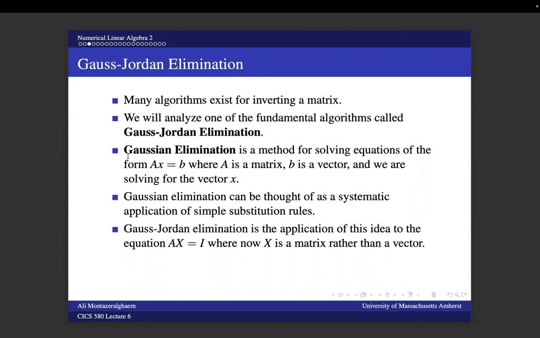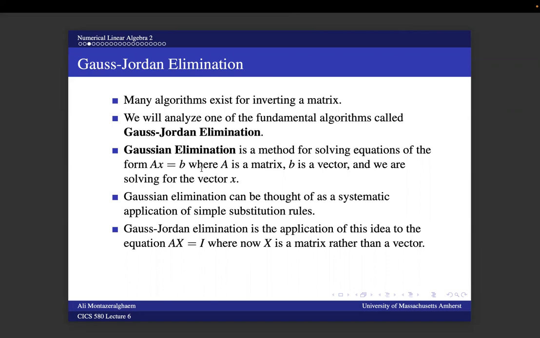So Gaussian elimination can be used for this. Mostly the rules that we have in this algorithm can be thought of as a systematic application of simple substitution rules. For example, we need to replace some row for another row in the matrix or something like this.